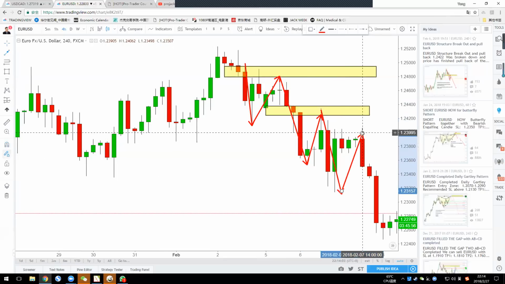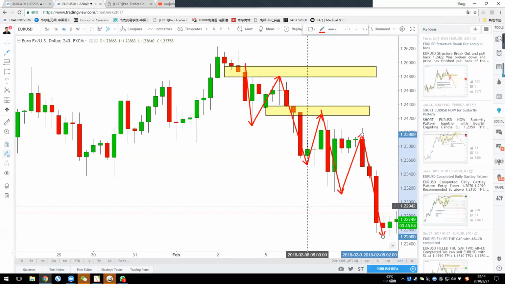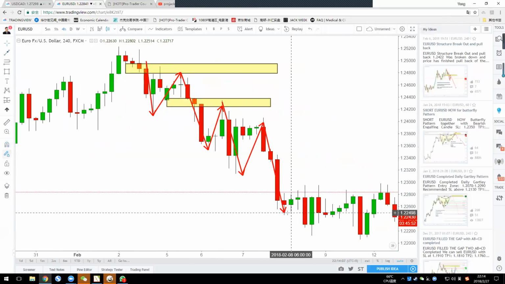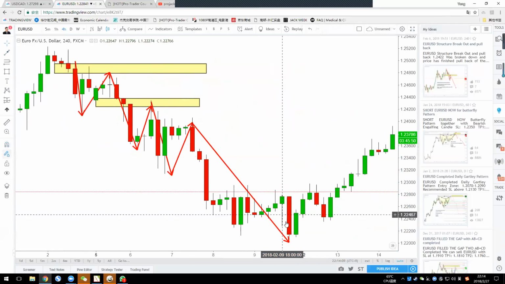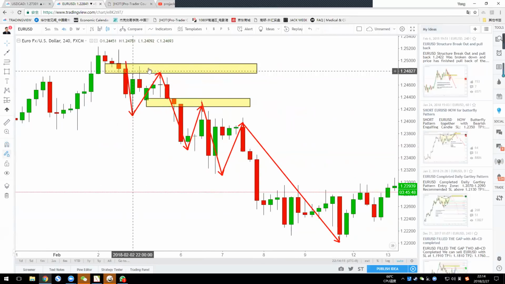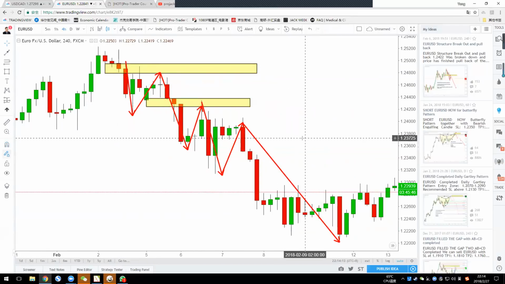Pulls back again, short it again. So just from these moves, 7 days, 2,000 to 20,000. And this is by simply using structure analysis and multiple time frame analysis.